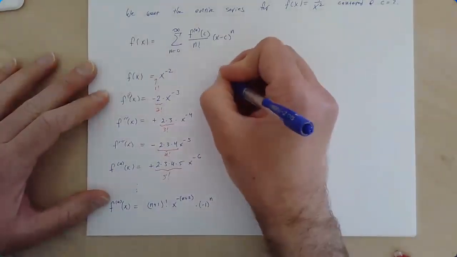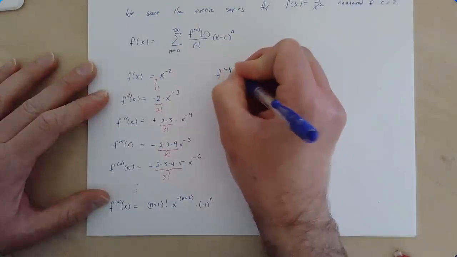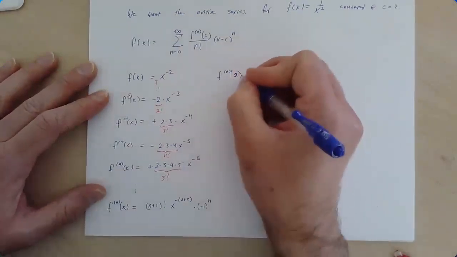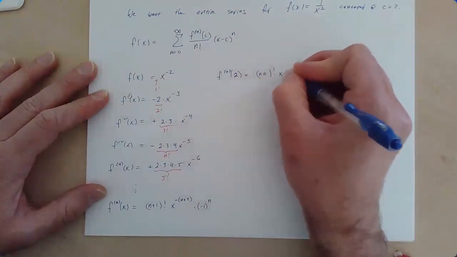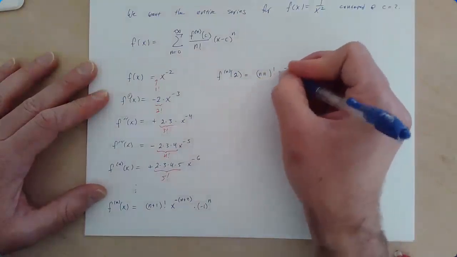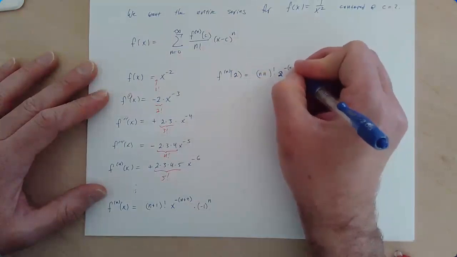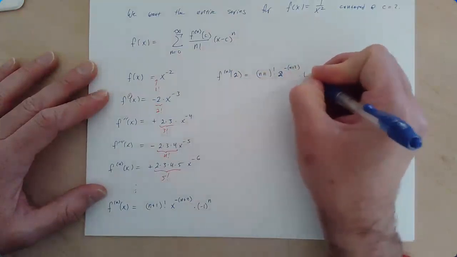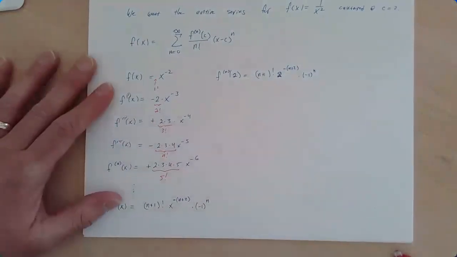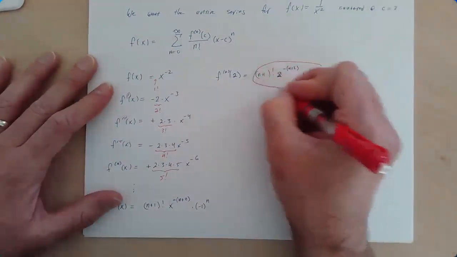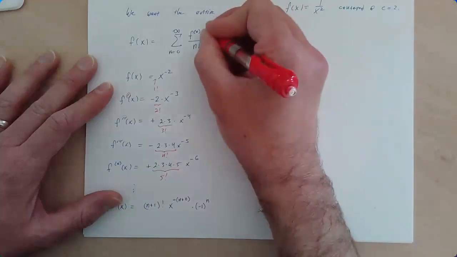So my nth derivative at 2 is going to equal n plus 1 factorial times 2 to the negative n plus 2 times -1 to the n. And all of that is what we're going to put in for that right there.